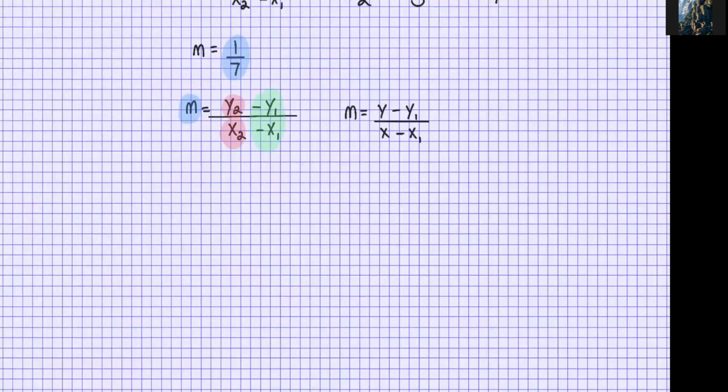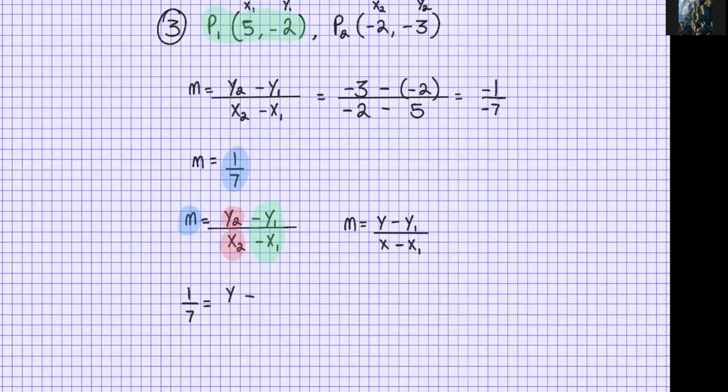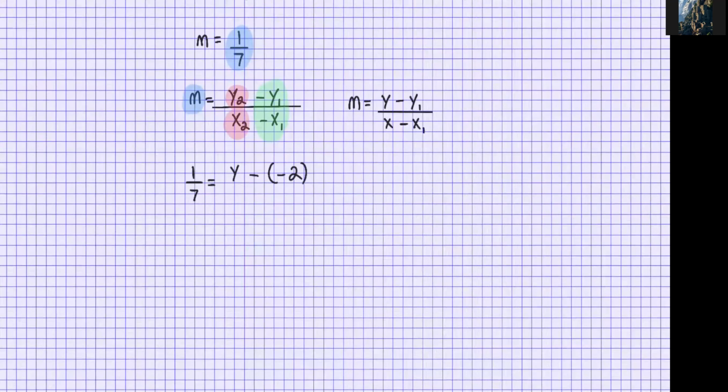So, see, our slope is 1/7, and then we have y minus y1. Y1 is -2. Then this will be divided by x minus x1, which is 5.